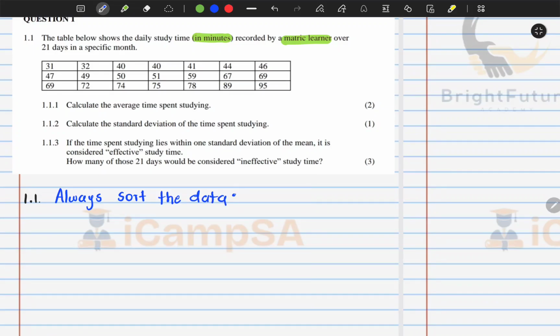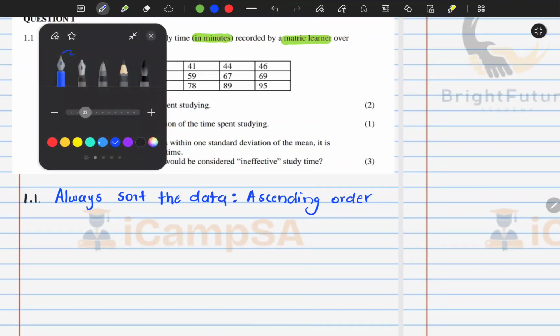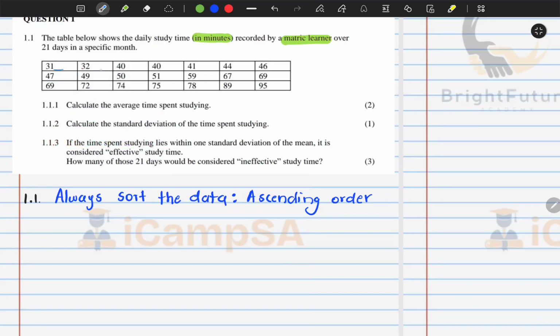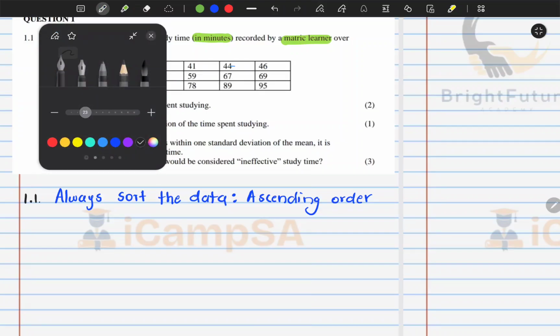What I mean is that it should be in ascending order, meaning we want the numbers from the smallest to the biggest. If you observe carefully, 31, 32, 40, 40, 41, 44, 46, 47, 49, 50, 51, 59, 67, 69, 69, 72. So overall, these numbers have been sorted already.